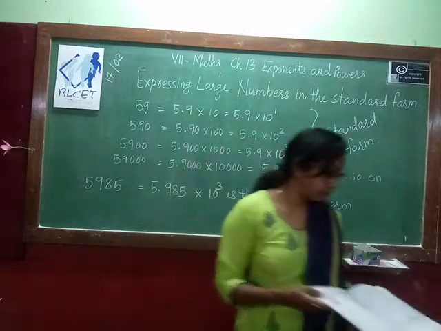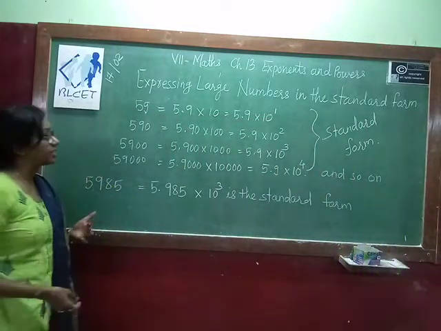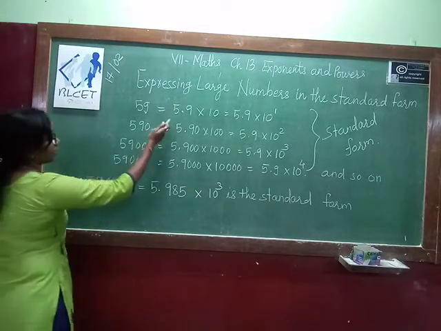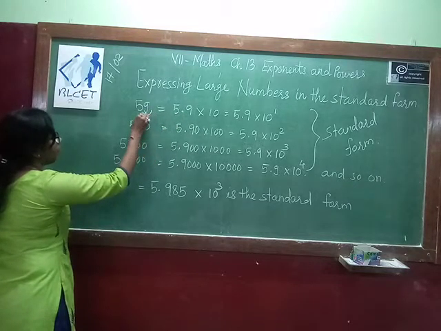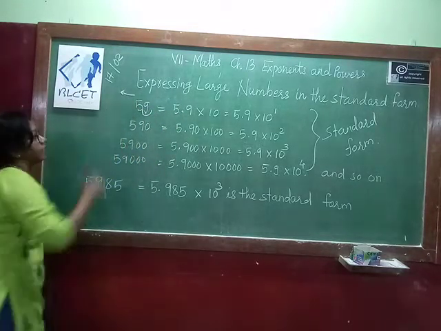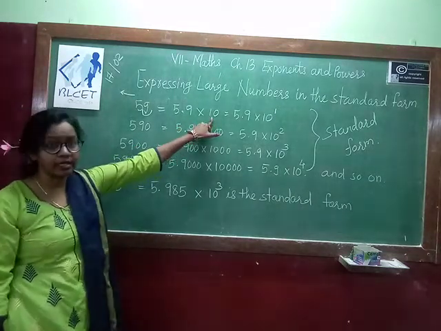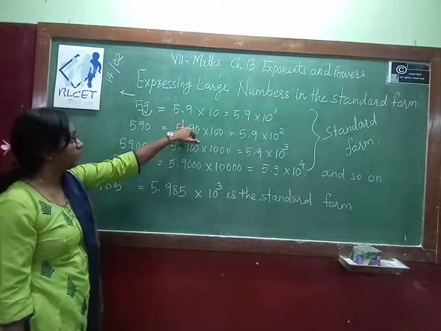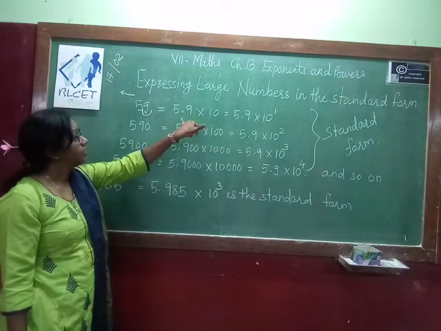How can we use them? Suppose you have 59 and you want to represent 59 in exponential form. So we want the decimal point in between 5 and 9. So we are moving one place in the left direction, so we have to multiply by 10. This we already discussed in previous chapters. 59 divided by 10 is 5.9.